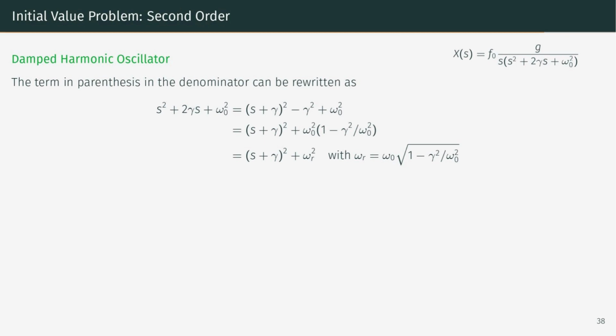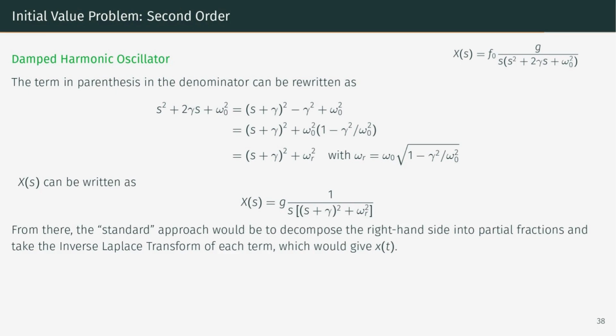And this we will rewrite as s plus gamma squared plus omega r squared, where omega r is defined as omega naught times the square root of 1 minus gamma squared over omega naught squared.